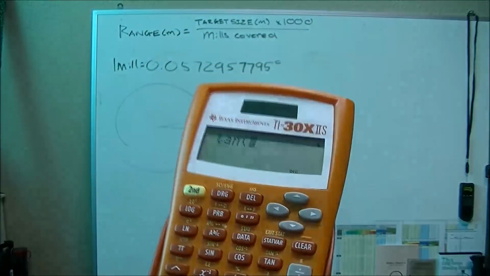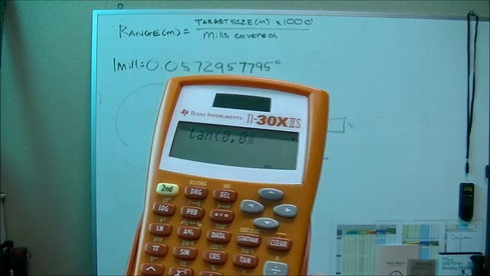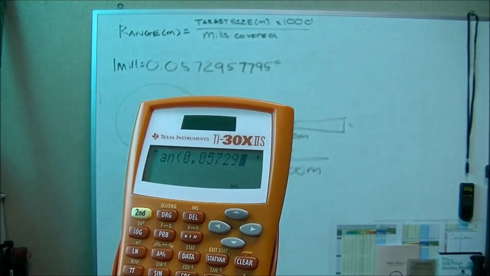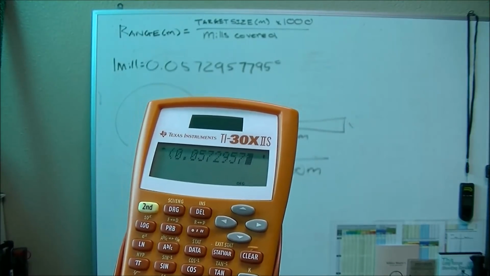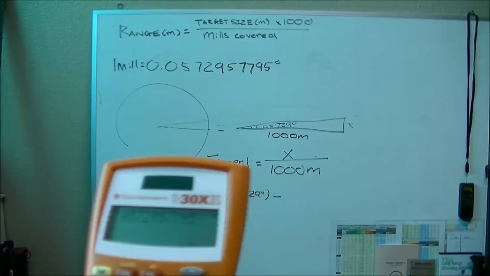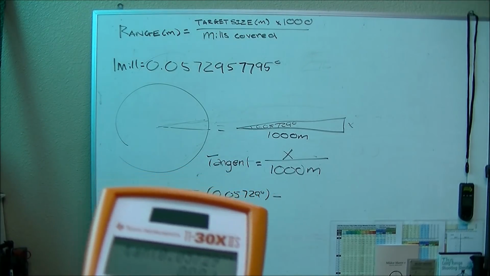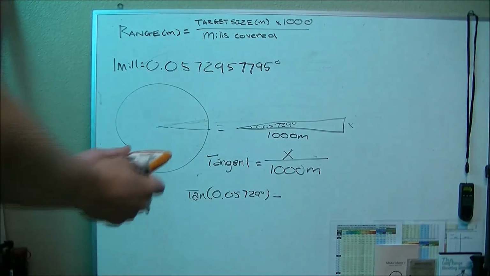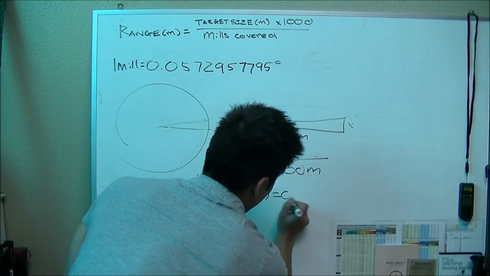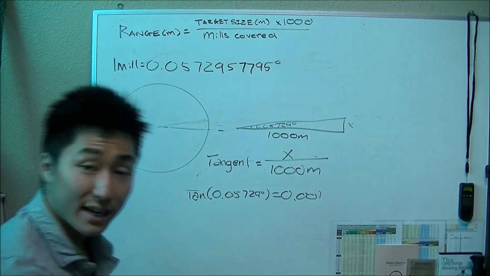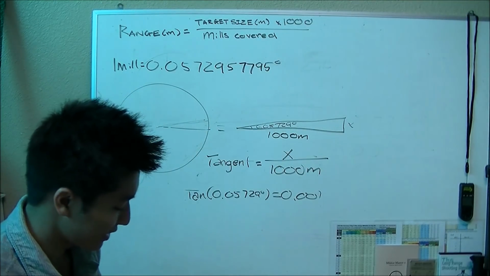We could plug in 0.057295775. There we go. And that'll give us 0.001. There we go, perfect. 0.001. And then now you might be like, well, how's that going to help us?